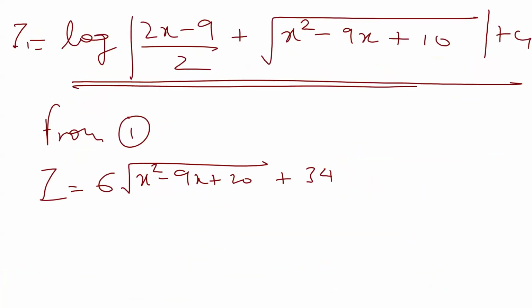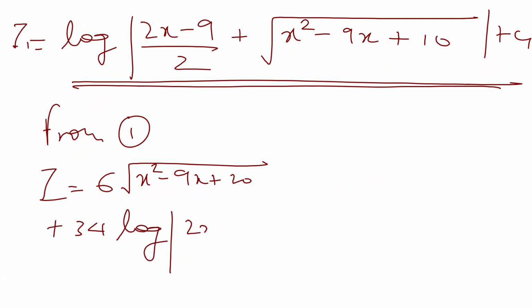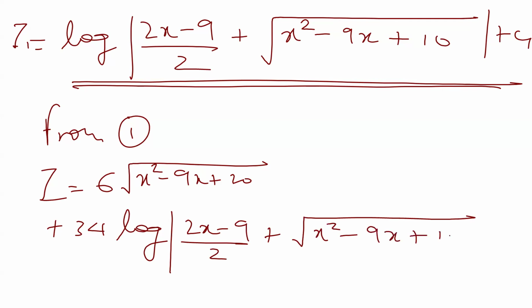I1 is this entire term. So I'll just write in the next line. So plus 34 log mod 2x minus 9 by 2, plus x square minus 9x plus 10 plus c. This is the final answer.